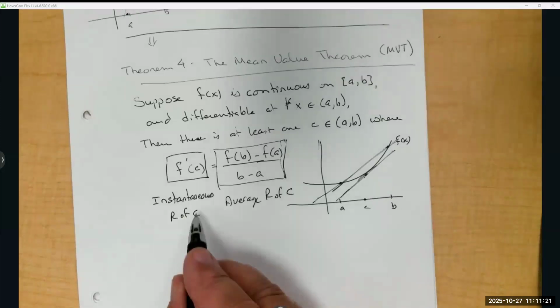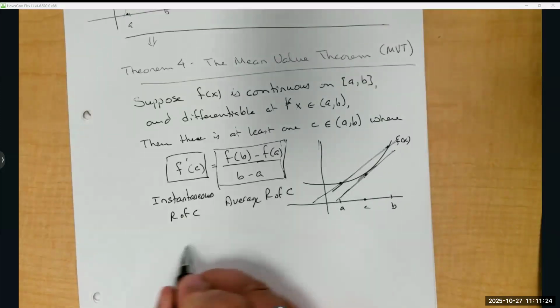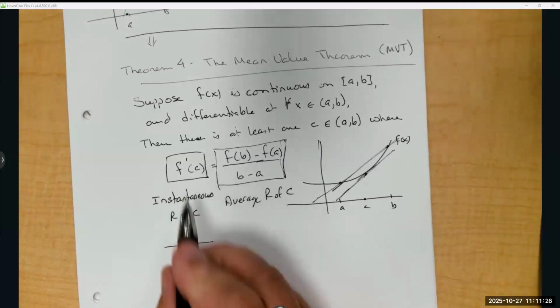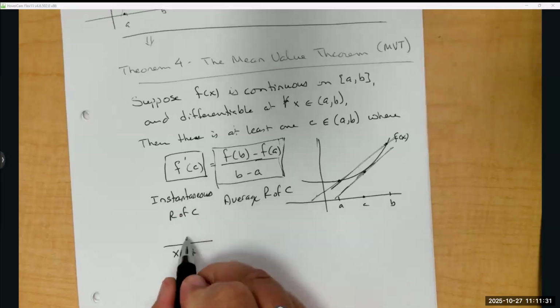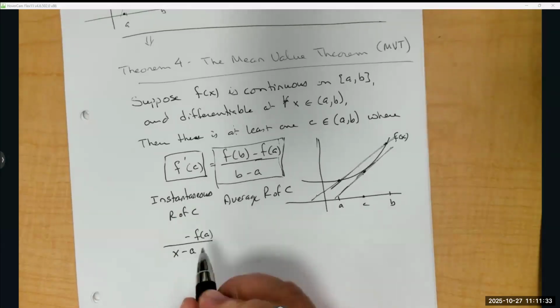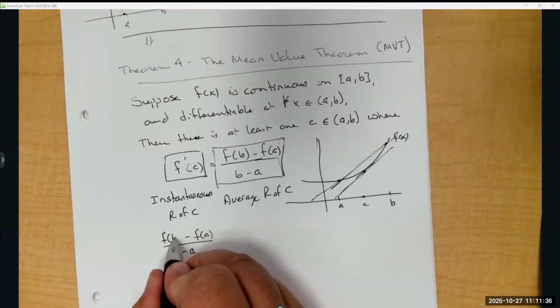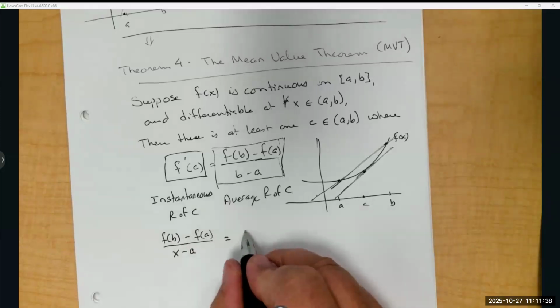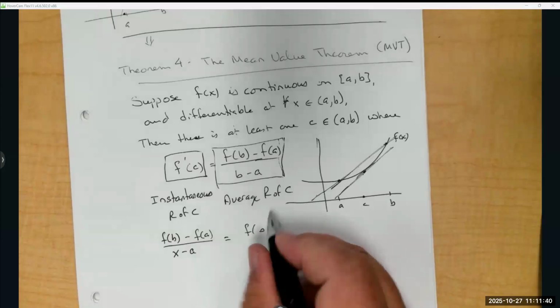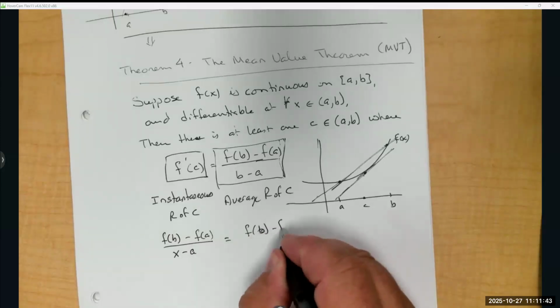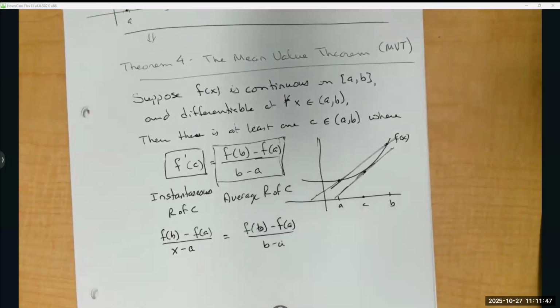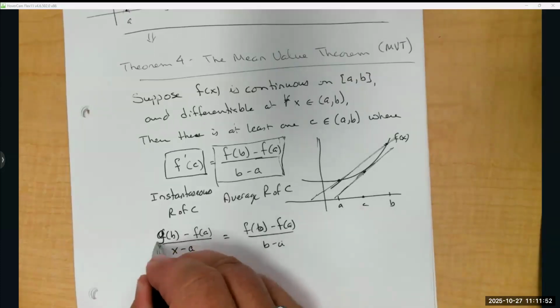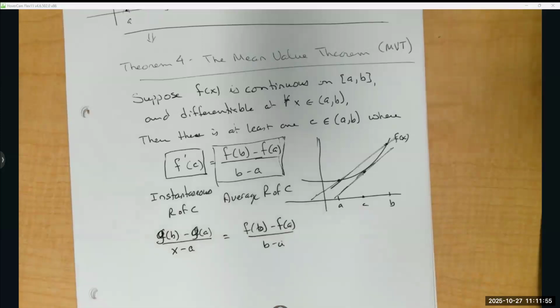So following this equation, we have the slope of that one, we'll call these g, putting us on a different function.